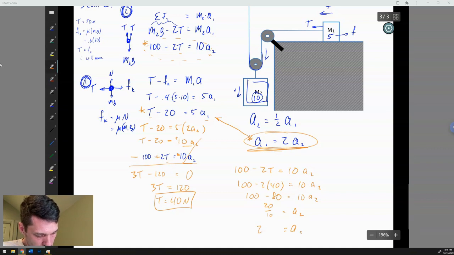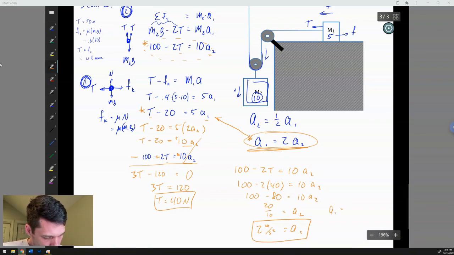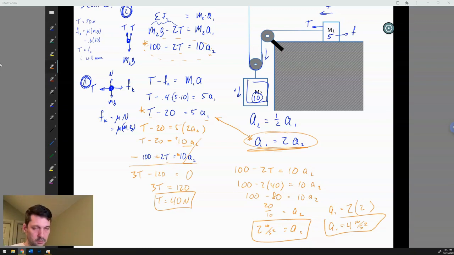A2 is 2 meters per second squared. 2 down, 1 to go. A1 is 2a2, which is 2 times 2. So A1 is 4 meters per second squared. All right, job done.